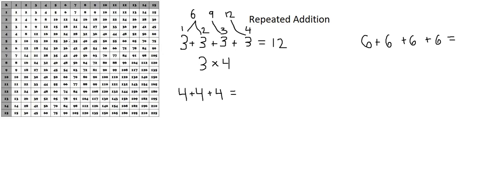Now, over here on this table that I have made, we can actually see the answer to this multiplication problem. First, we find the number that we're multiplying, which is 3. And we find 3 right here.